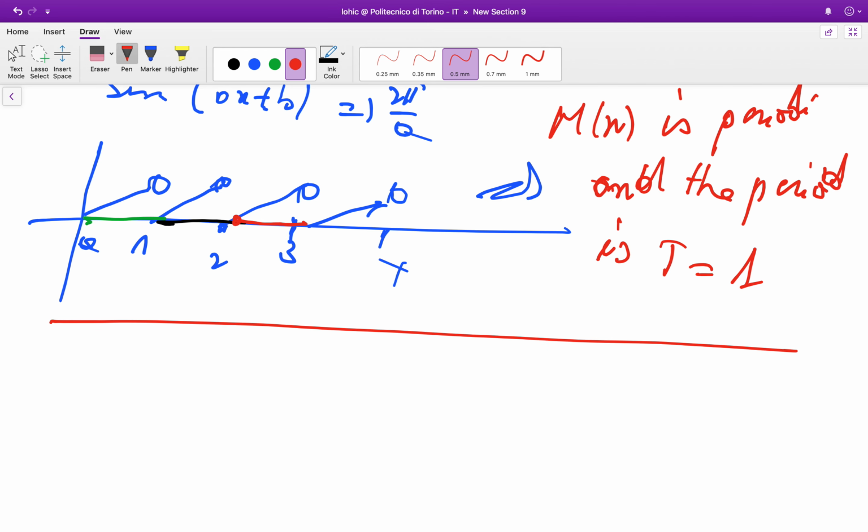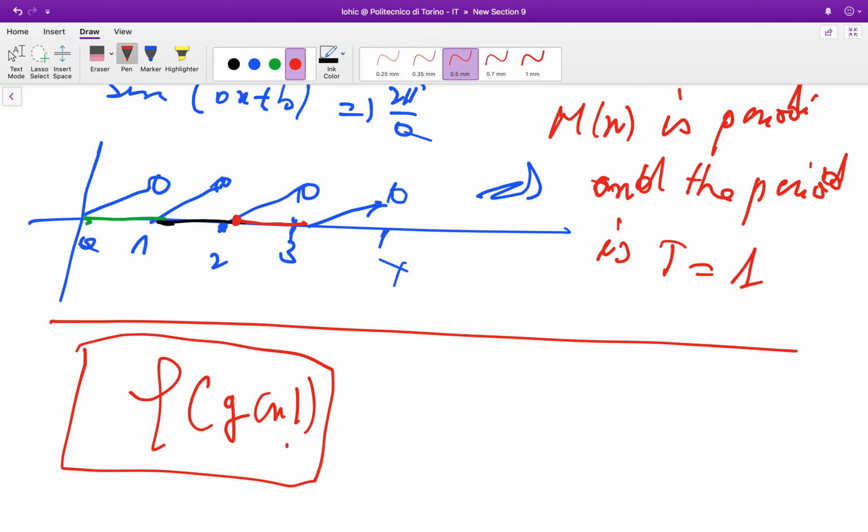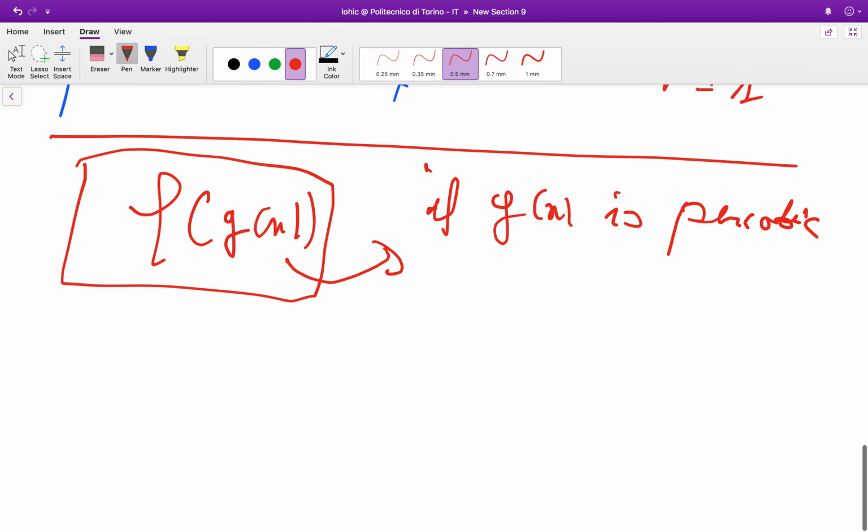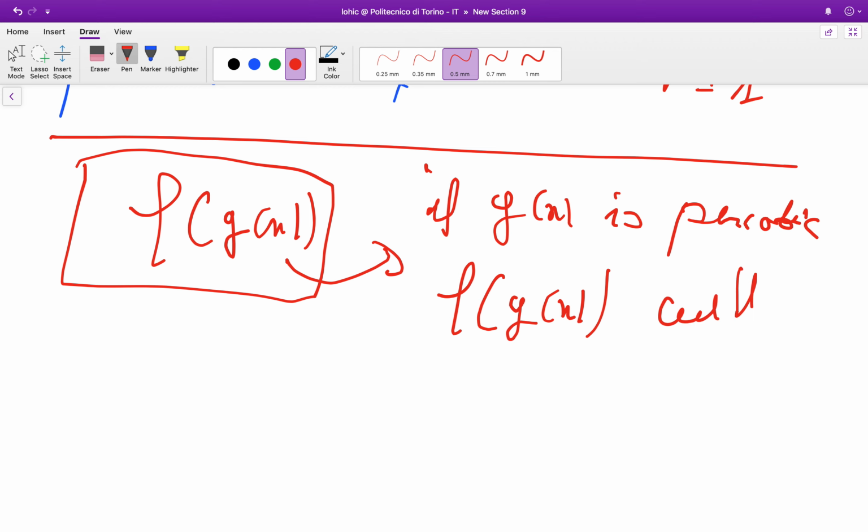Now keep in mind that anytime you do f of g of x, this is important. If the internal one is periodic, so if g of x is periodic, f of g of x will be periodic.